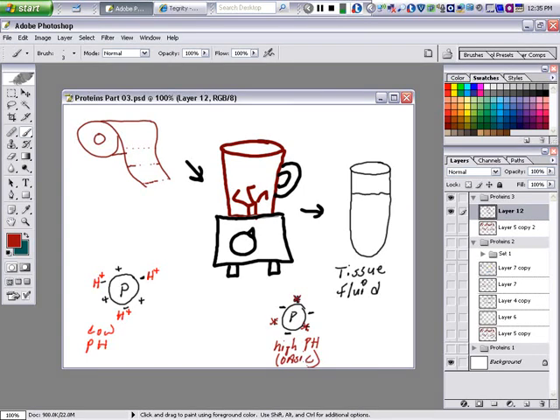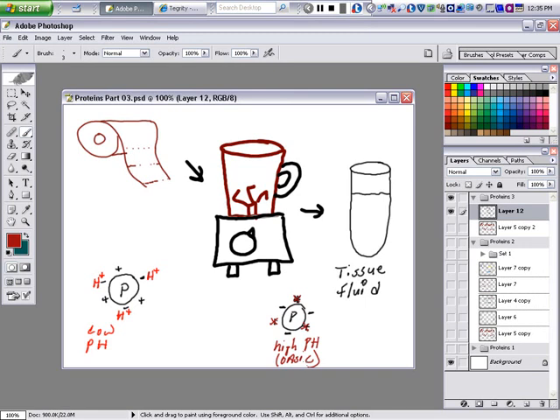Think about it for 3 seconds. 1, 2, 3. Can anyone reason that out? Which one's going to dissolve more easily? Anyone? Positive, we got 1 positive. 2 negatives. 3 negatives.